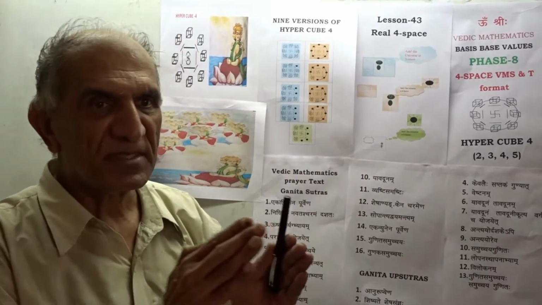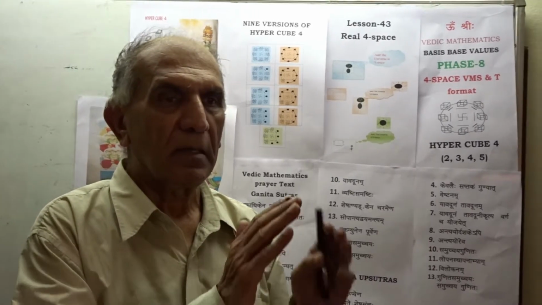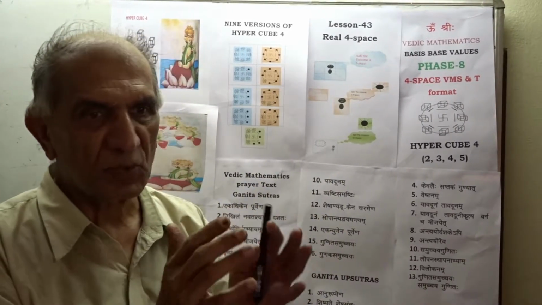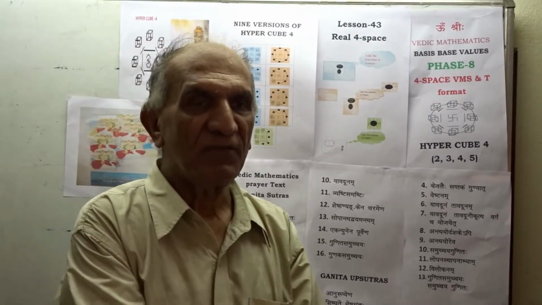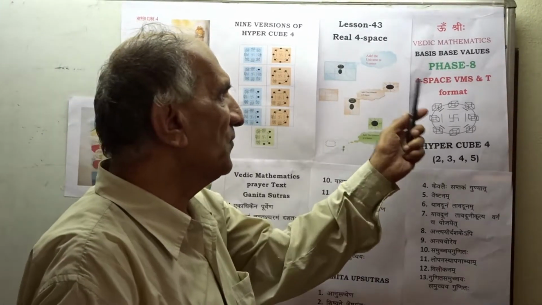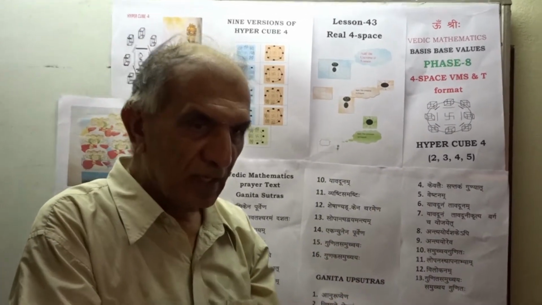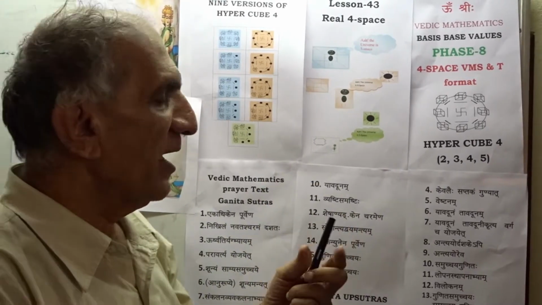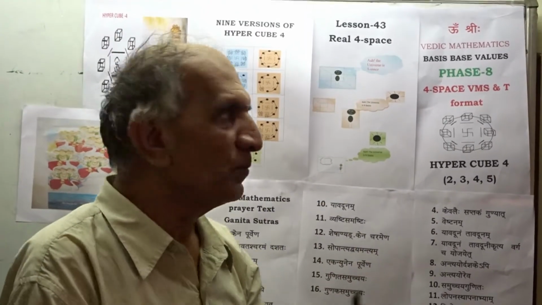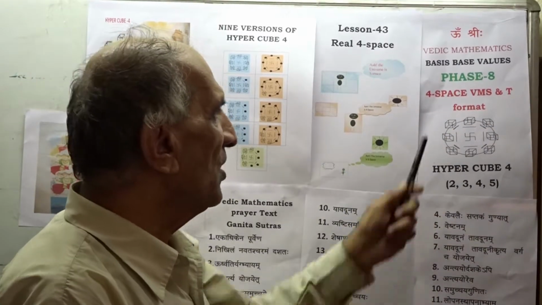4-space VMST is a distinct discipline. Previously, we were exposing ourselves to the features and values of the format of 3-space VMST. From this lesson number 43, we are exposing ourselves to the format of 4-space VMST.